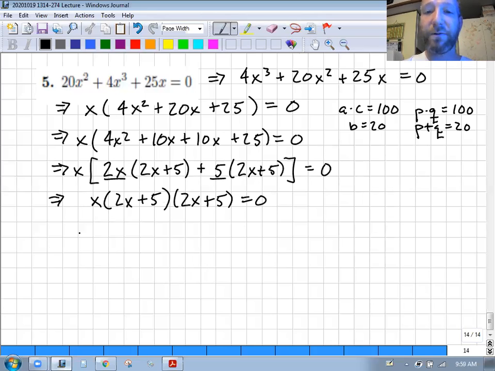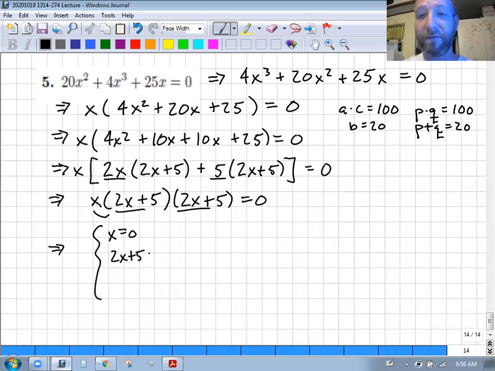So here we have 3 factors, 1, 2, 3. So either x is 0, or 2x plus 5 is 0, or 2x plus 5 is 0. Okay? So that's one solution. These are both the same, right?